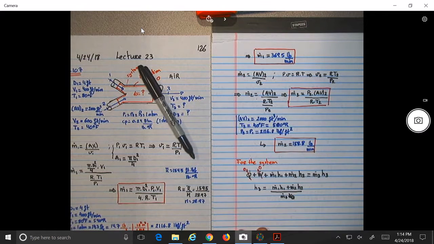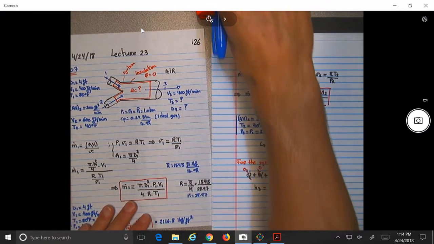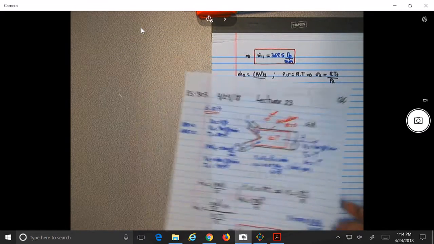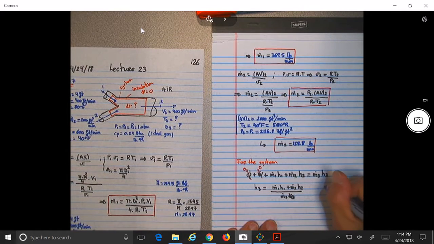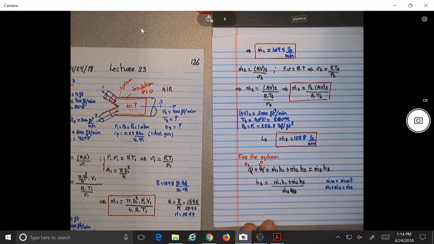Trying to think of the next step. So one thing, guys, I think is we know that the amount of mass flow going in is equal to the amount of mass flow going out, no? So what do we have here? We have M1 plus M2 should be equal to M3, no?